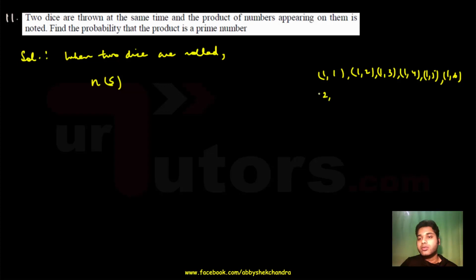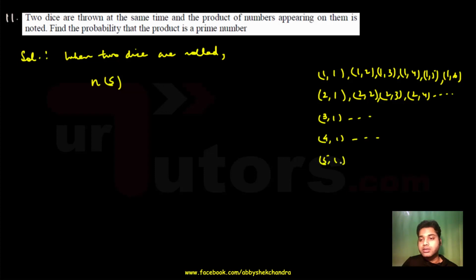Then again with 2, first die has 2, the second has 1, 2 2, 2 3, 2 4, so on, then 3 1, and so on, then 4 1, 5 1, 6 1, so on. So we'll get a total of 36 options.